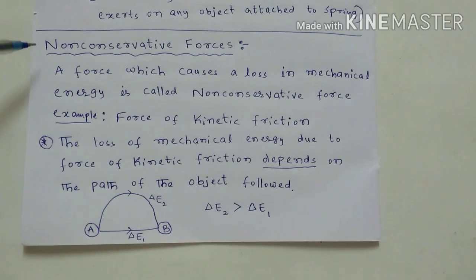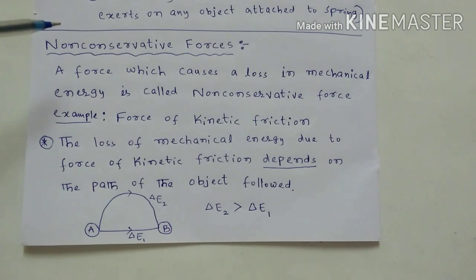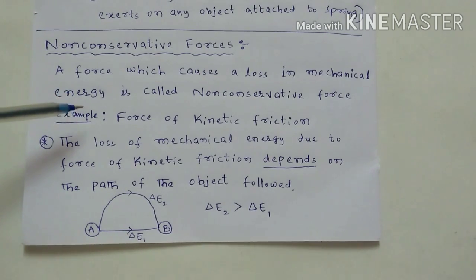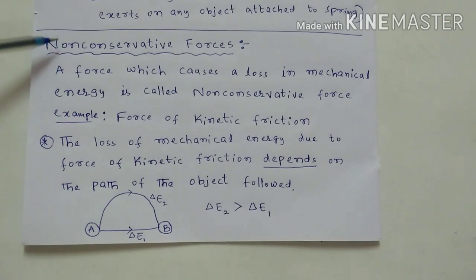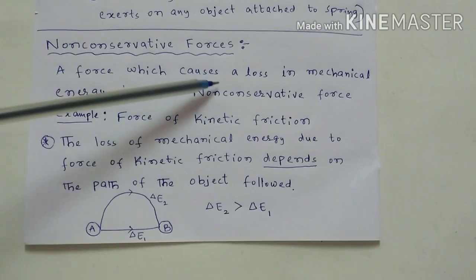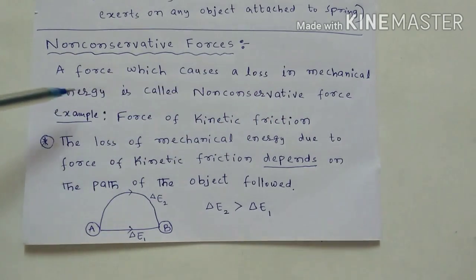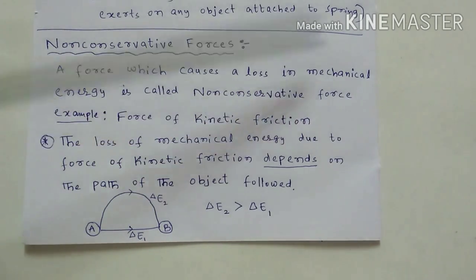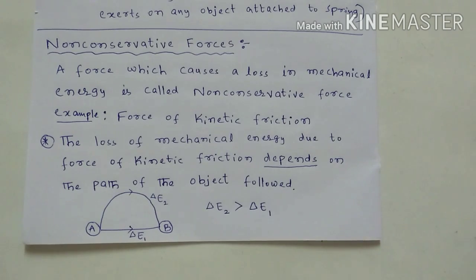See here, it is a new topic, non-conservative forces. Previously we discussed conservative forces. Work done is independent of the path, but here it is completely opposite to the conservative forces. That is why it is non-conservative forces. A force which causes a loss in mechanical energy is called a non-conservative force. I will give some examples, you will understand.